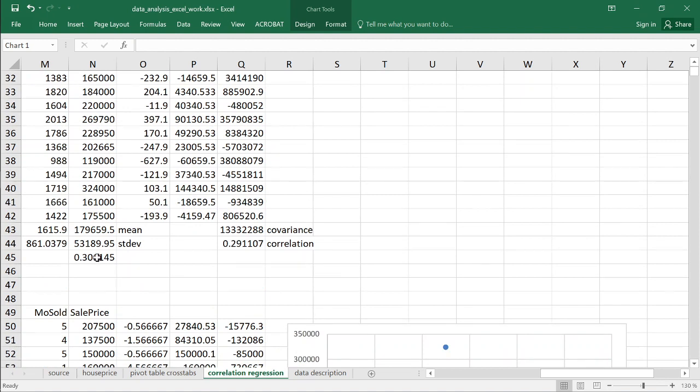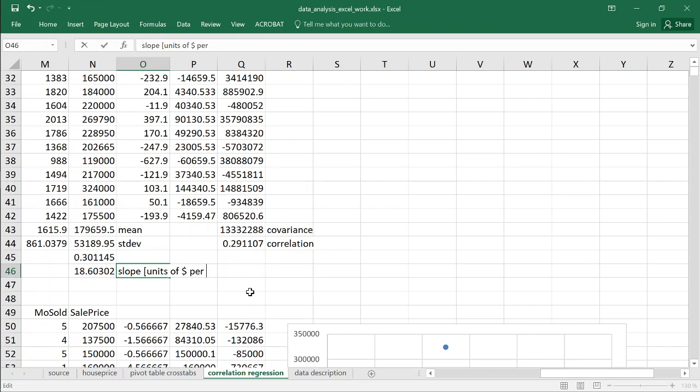It is based on the correlation coefficient in the following way: we take the correlation coefficient, multiply it with the standard deviation of the sales price, and divide by the standard deviation of the living area. And this slope 18.6 now does have units of measurement, and it would be units of dollars per units of size, in this case square feet.